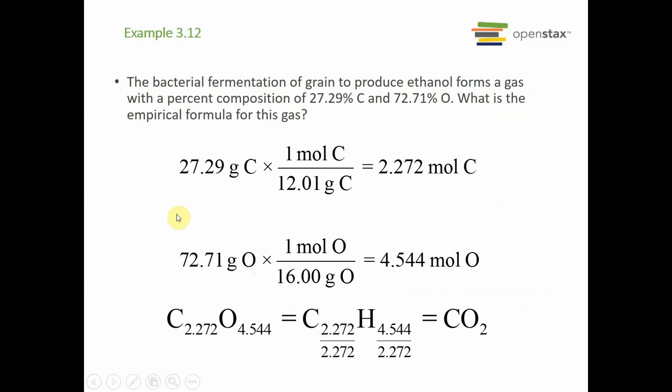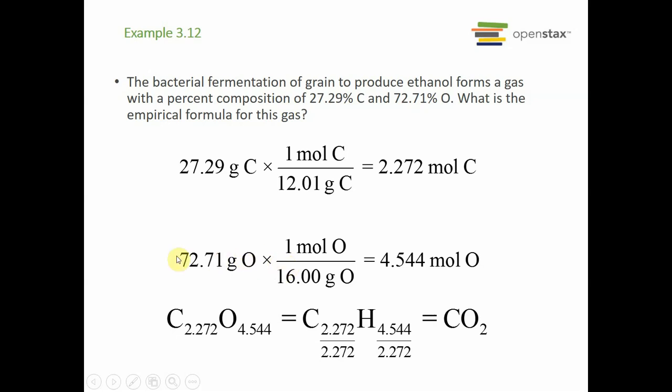So an oxide of carbon is removed from these fermentation tanks through large copper pipes at the top. So the bacterial fermentation of grain to produce ethanol forms a gas with a percent composition of 27.29% carbon and 72.71% oxygen. What's its empirical formula? So you assume you have 100 grams of this stuff. So that percentage of carbon becomes 27.29 grams of carbon. So you divide that by the atomic weight of carbon to get the number of moles in a 100-gram sample.